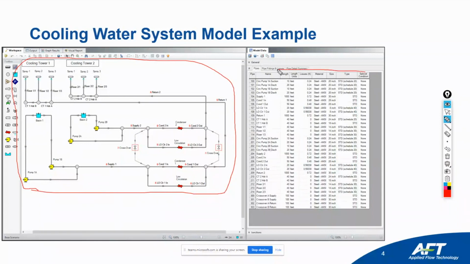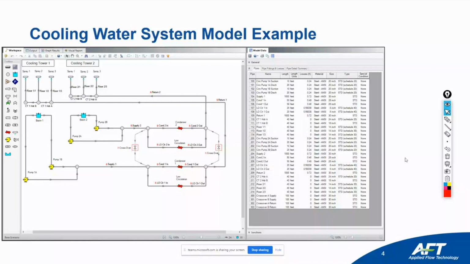And then here's an example of the input for the piping system. So we've got the pipe lengths, some minor losses that we've included with the pipes themselves, the material size, etc. This is not showing every potential input parameter for the piping, but with flow analysis software, you can easily add and remove parameters that you care about at will.